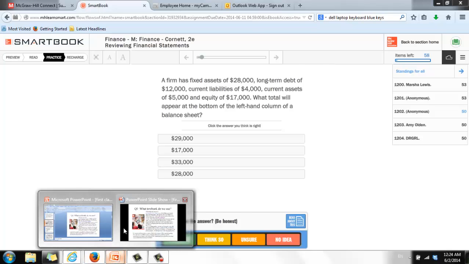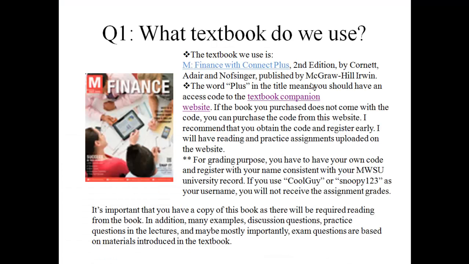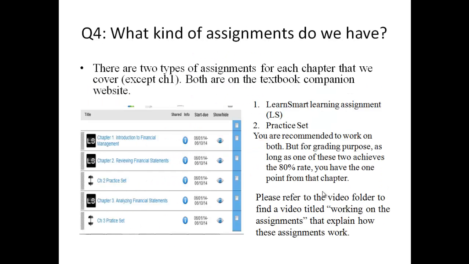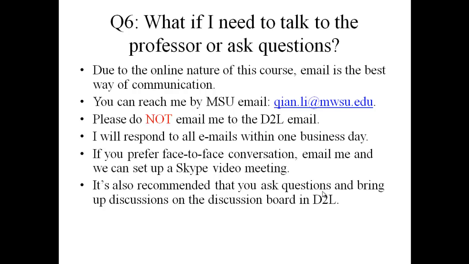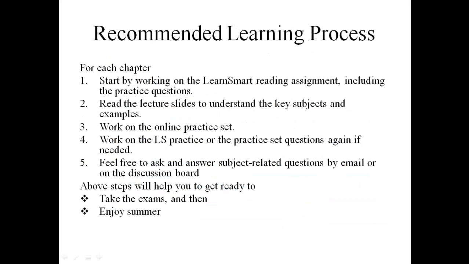So I've showed you how to access the textbook companion website, and what you need to do for the Learn Smart assignment and the practice set assignment. So generally for this class, what you need to do is that you start by working on the Learn Smart reading assignment, and also try to read the lecture slides to understand the key subject, and try to work on the examples listed on the slides.